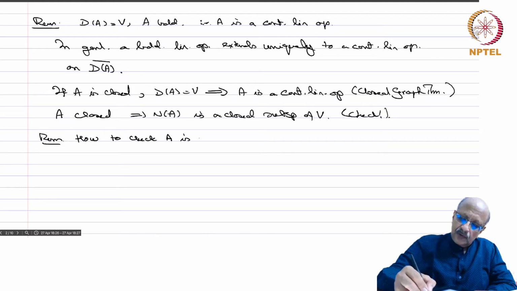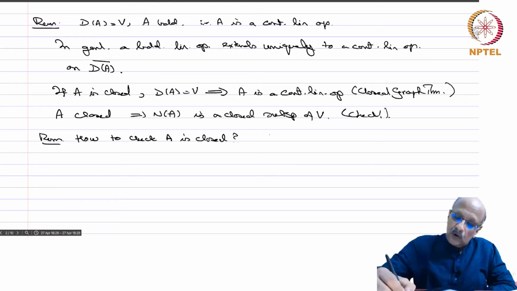Okay. So, then remark, how to check A is closed. So, what is the method which we usually employ for this? So, we want to show G of A is closed.